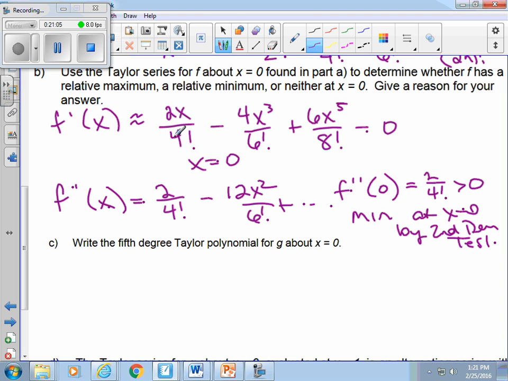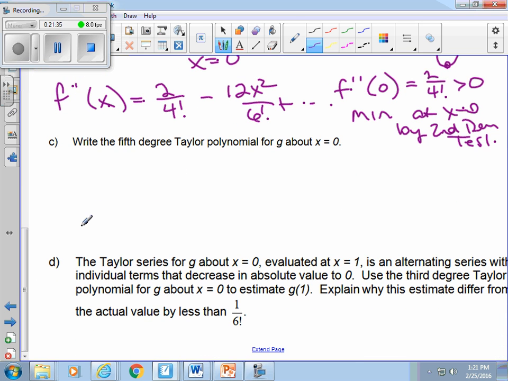The second derivative, I did the derivative of all of that. You okay with that part? And then I plugged 0 in for all the x's, which is just going to leave the term without an x. And that term happens to be positive, which means my function is concave up. And if I have a concave up function, I have a minimum. If it's a critical point, which it is, I showed that here, then I have a relative minimum.